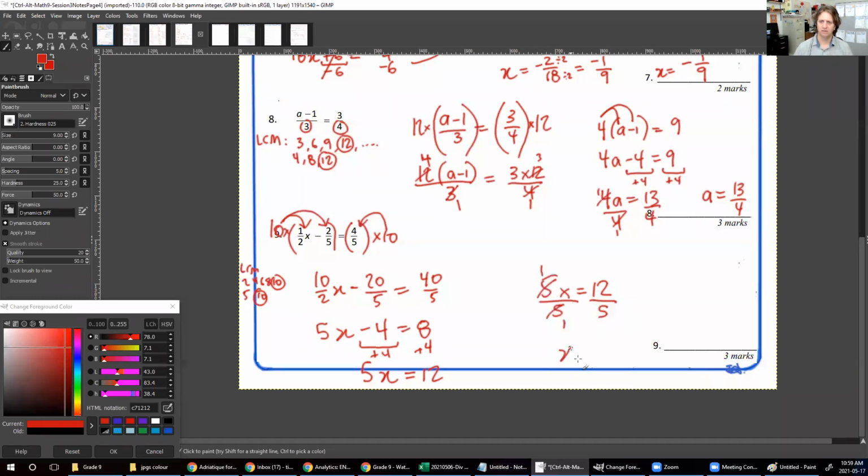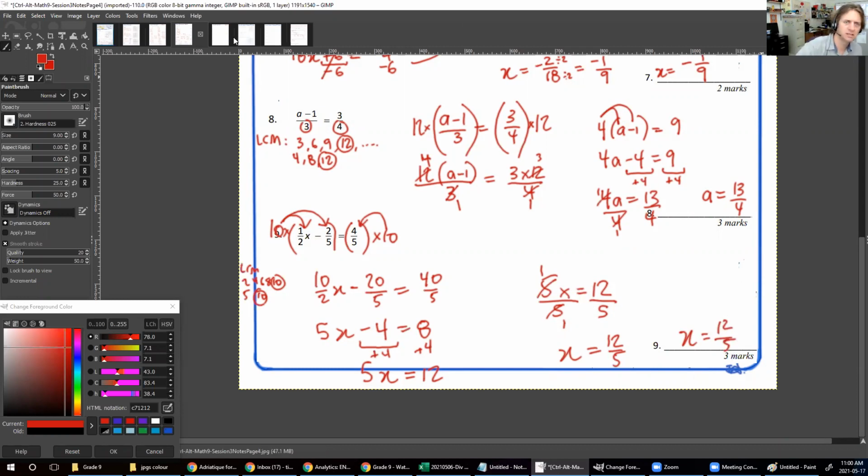So now we have x is equal to 12 over 5. And it's totally fine to leave it as an improper fraction. In fact, that's probably the optimal answer right now. You could leave it as 2 2/5. But if you have to do any more stuff, you have to convert it back into improper. So it's probably fine to leave it as improper. 12/5.